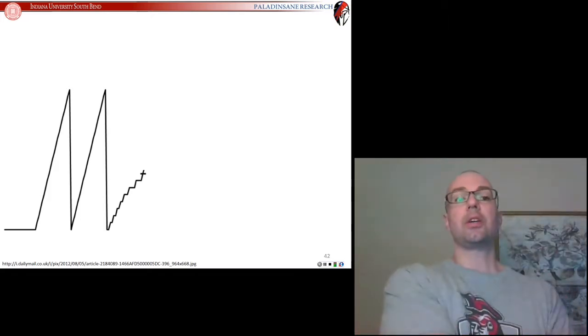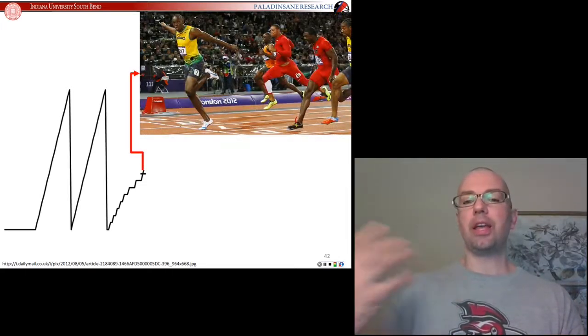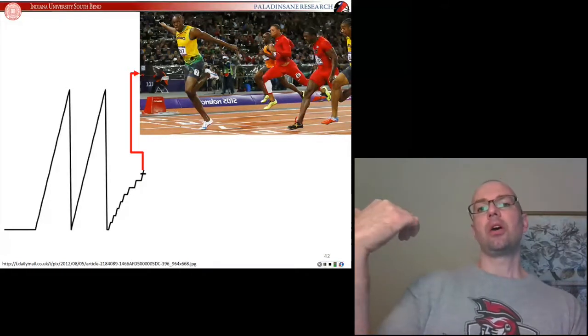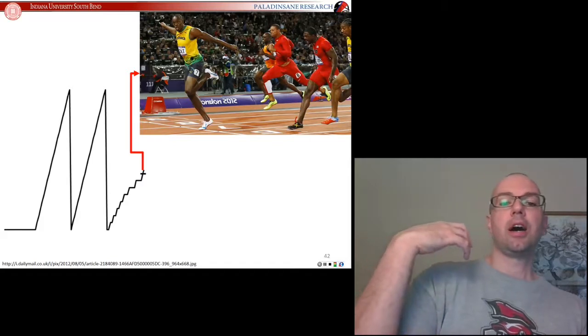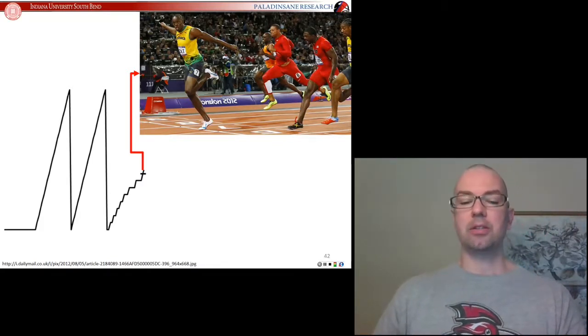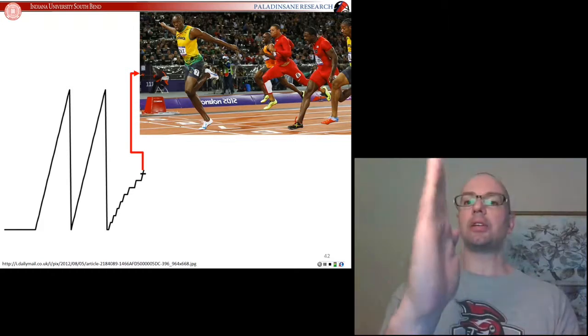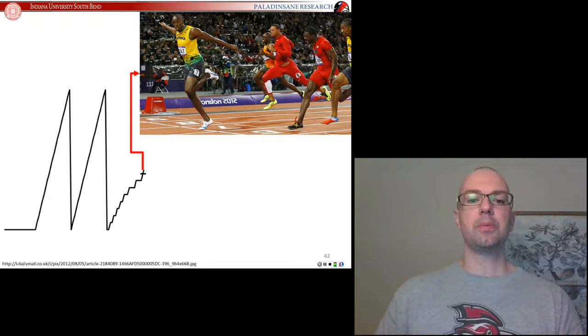So when he looks at the clock after he's finished and he sees that he's demolished the world record, that would be the point where he gets reinforced. So finishing the race, looking at the new world record, that would be indicated as a reinforcement by that slashed line. Sometimes they're across, sometimes they're up and down, but look for that slashed line that indicates reinforcement.